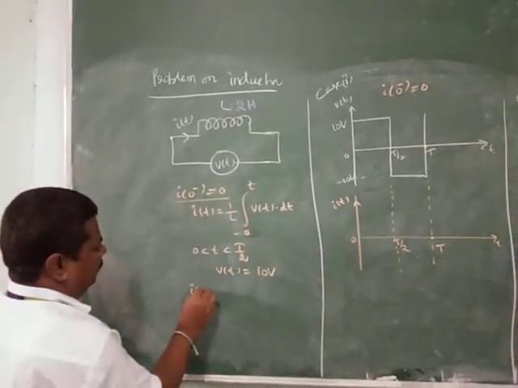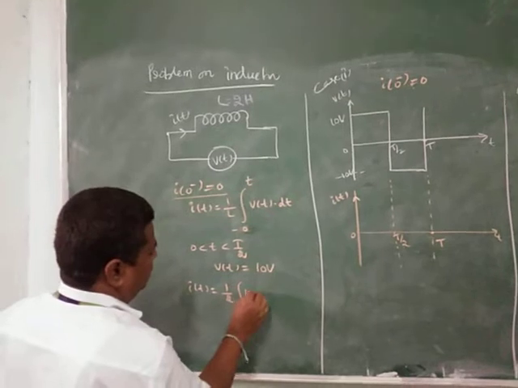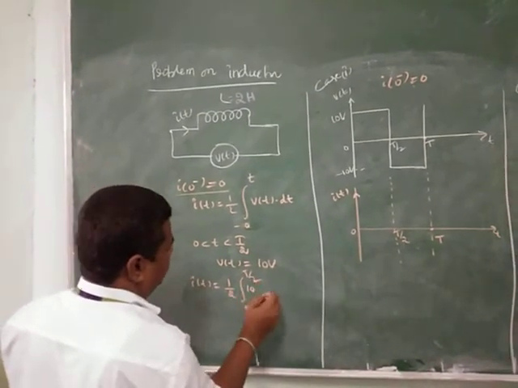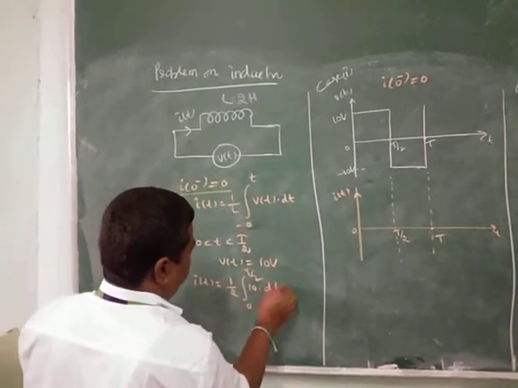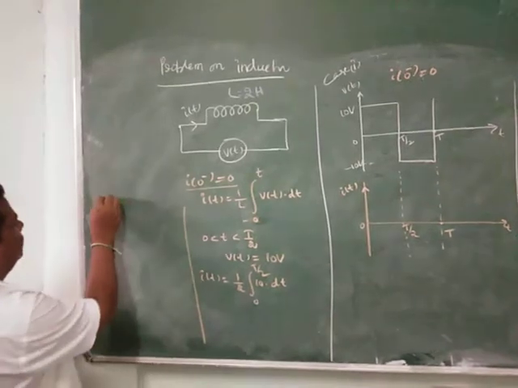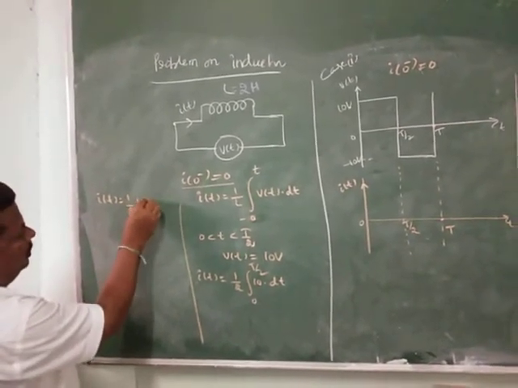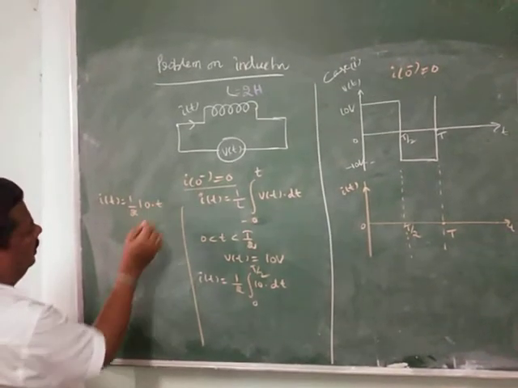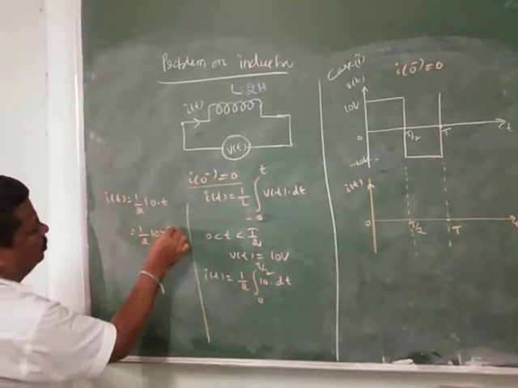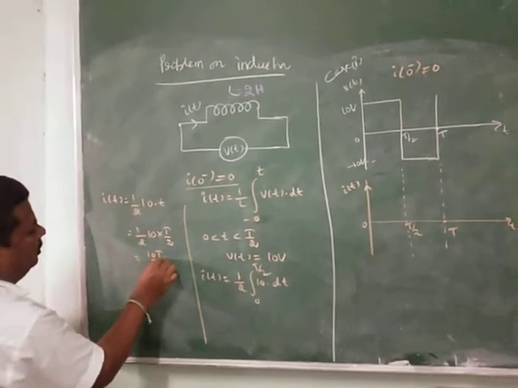Now current I of t is equal to 1 by 2 integral of 10 from 0 to t, that is equal to 1 by 2 into 10 into t, that is equal to 10 t by 4.